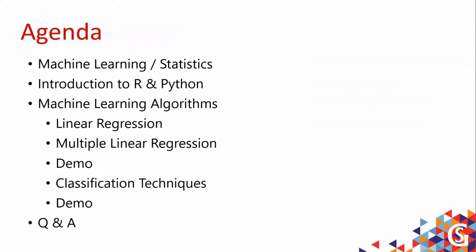Today's agenda: we're going to start by learning a little bit about machine learning, what machine learning is, and a little bit of statistics that you need, a small bit of understanding before we start the algorithms, even for linear regression.